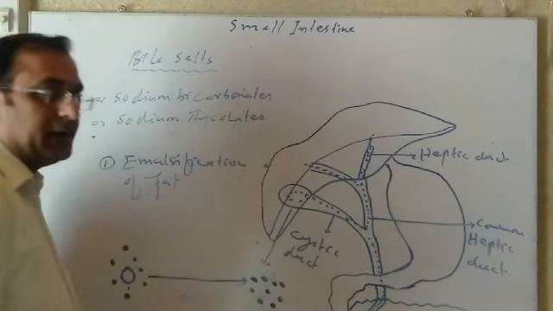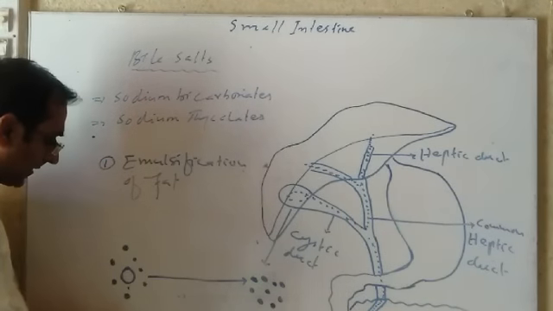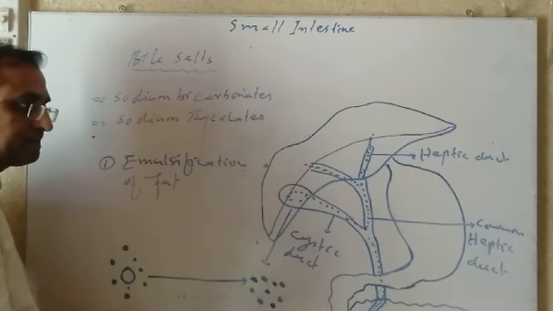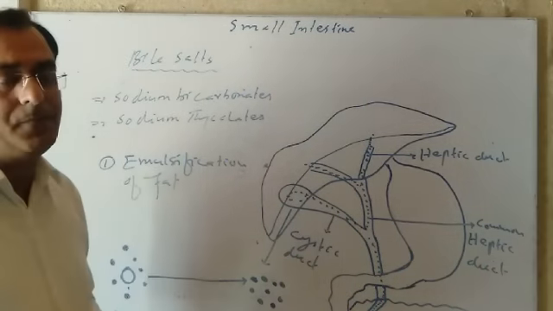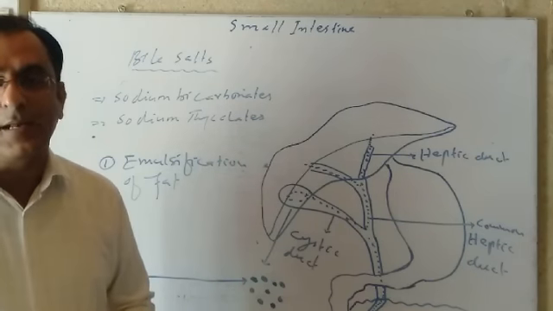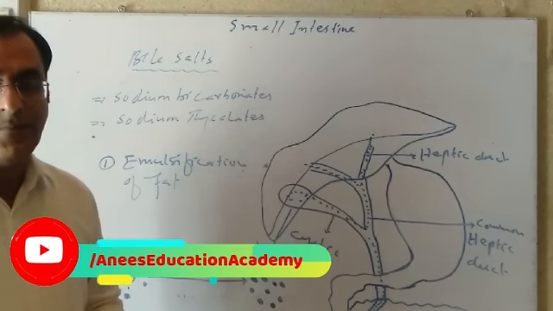lipid digesting enzymes digest it very easily. And another function of bile salts is to change the acidity of chyme into the alkaline form, so that pancreatic juices can digest the food substances.